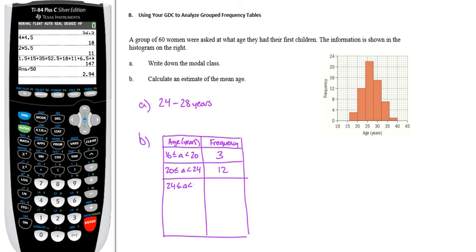24 to 28, our intervals appear to be 4 wide. 28 to 32, 32 to 36, and 36 to 40. Okay, so 24 to 28 looks like about 15.